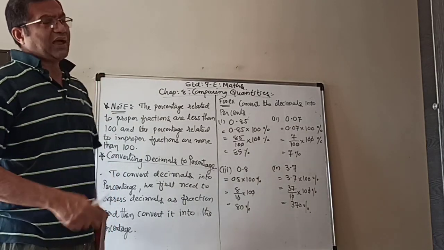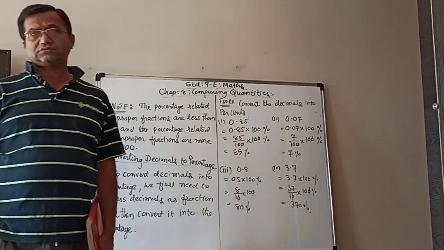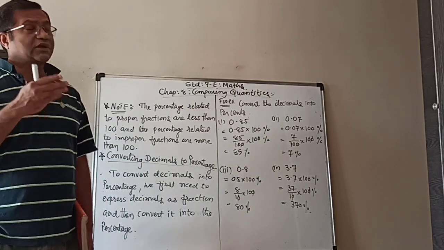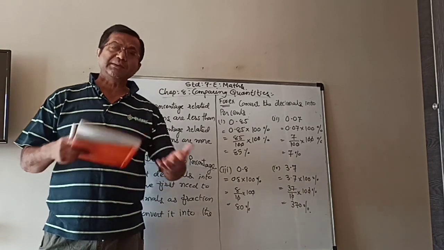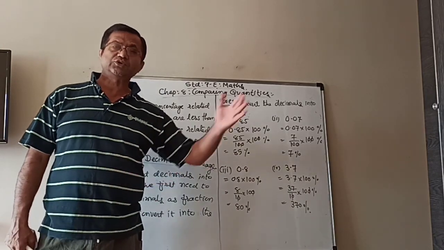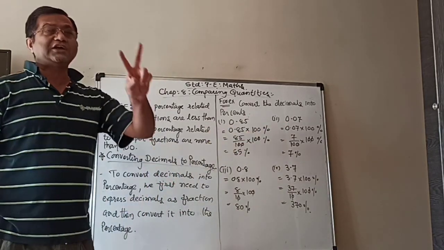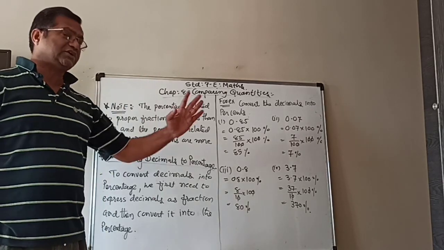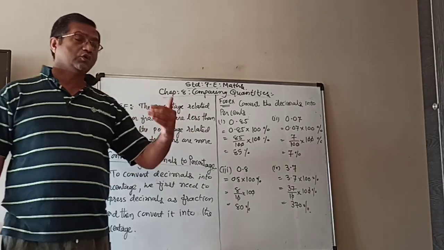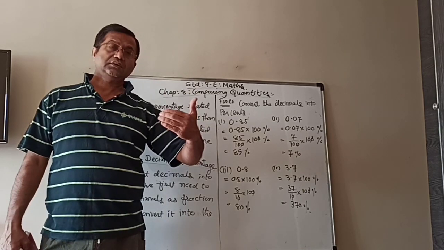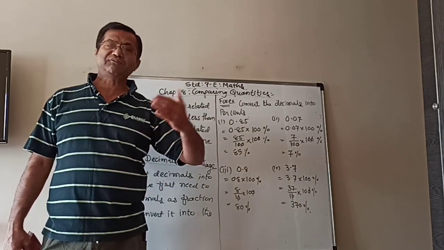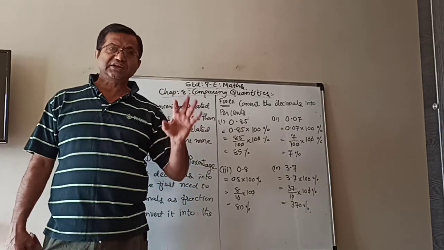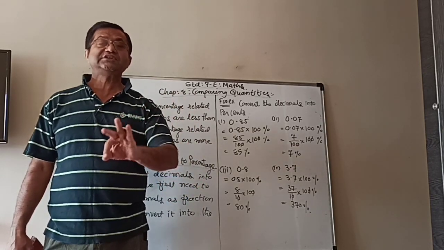In the last session, we learned about the conversion of proper or improper fractions into percentage. I showed you two methods. One method was to get the equivalent fraction of the given fraction such that it has 100 as a denominator.